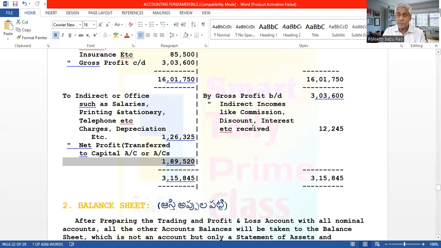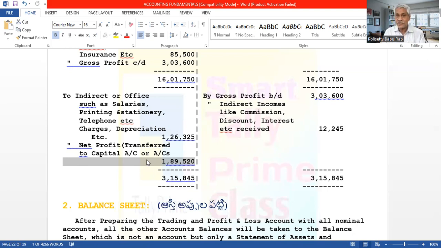In the case of a partnership, the net profit is transferred to the capital accounts: A capital, B capital, C capital, in the upper column, or the division. That is as per the agreed proportion. They will have a partnership deed, a partnership agreement, in which they mention the profit sharing ratio.